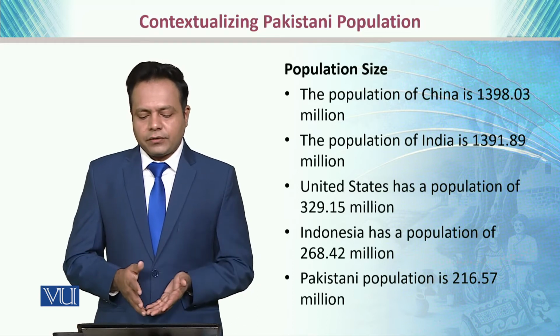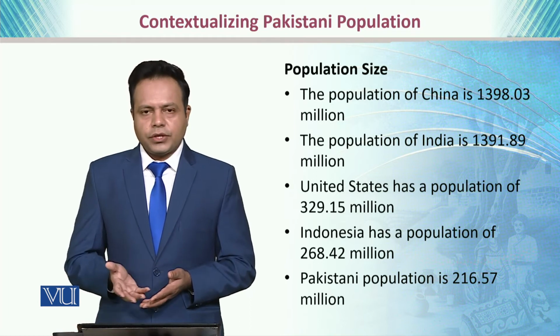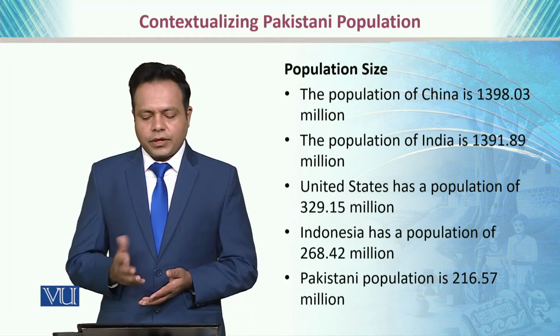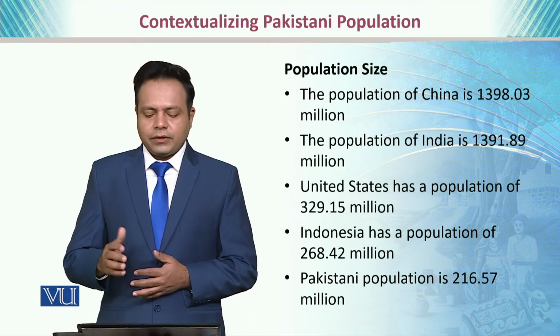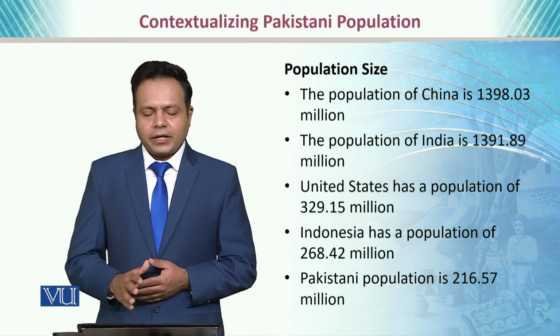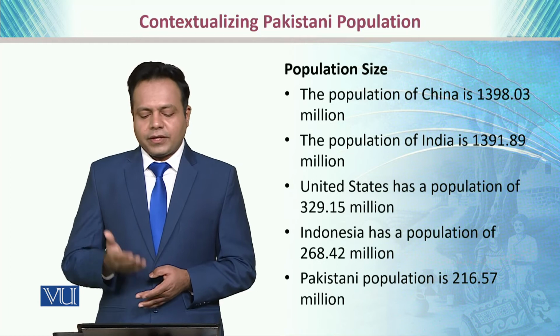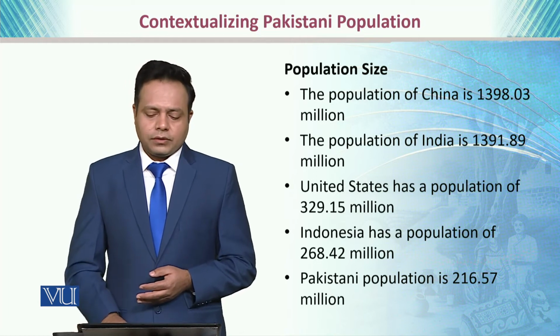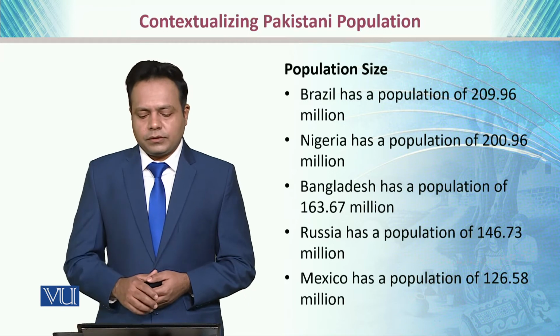The United States has 329 million population. Indonesia has 268 million, whereas Pakistan has 216 million population. And if Pakistan continues to grow at this pace, it is estimated that by 2050, Pakistan would be in 4th position.